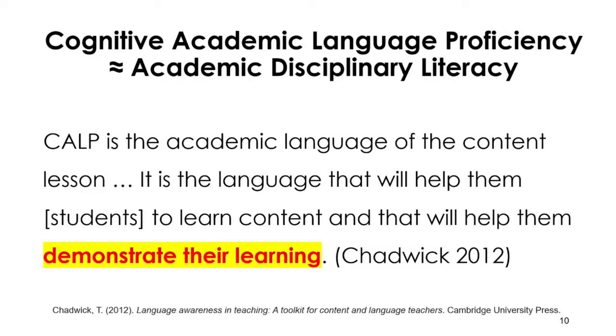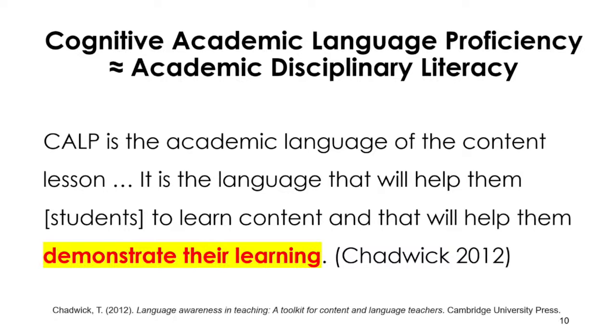So cognitive academic language proficiency, this is the academic language of your lesson, science or maths. Now, it's the language that students need to help them to learn the content, but more important than that, it's the language that will help them to demonstrate their learning. So I'll give you some examples later of what happens when students use everyday language to answer questions instead of the correct scientific language.